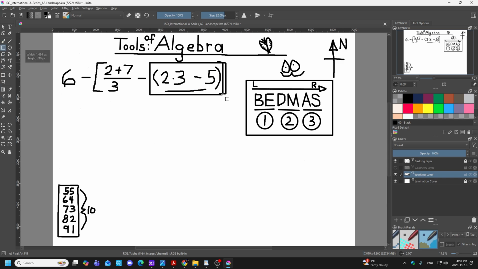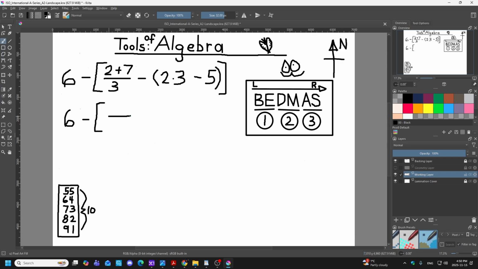This is its own thing, the brackets, so it's independent of this. All right, that's why we can look at it like a left-hand side and a right-hand side. All right, let's work the problem. So the 6 is just going to wait. It's going to be the very last thing.